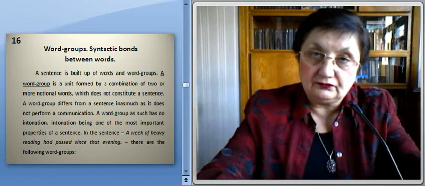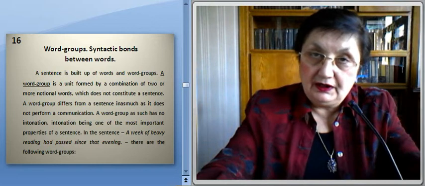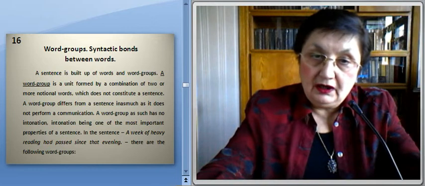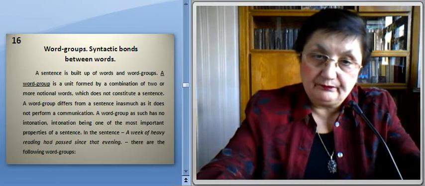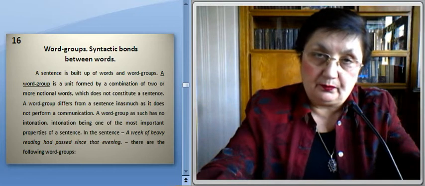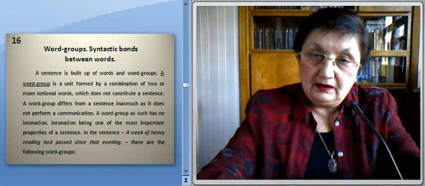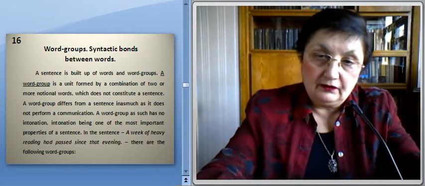A word group as such has no intonation, intonation being one of the most important properties of a sentence. In this sentence, "a week of heavy reading had passed since that evening," there are the following word groups. "A week of heavy reading," which constitutes a noun group, and "had passed since that evening," which is a verb group.